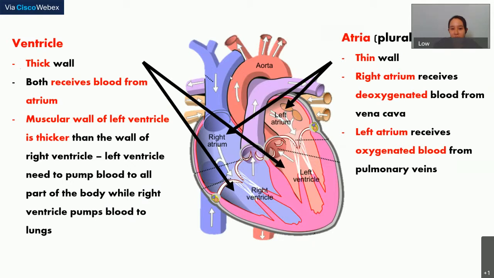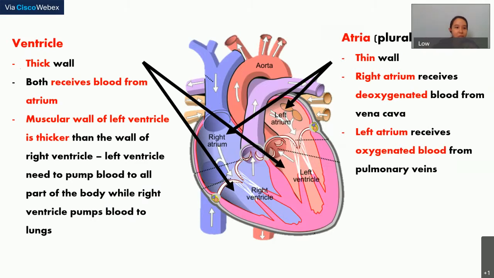The right atrium receives all the deoxygenated blood that comes back from the vena cava, and the left atrium receives all the oxygenated blood from the pulmonary veins, which is from your lungs.